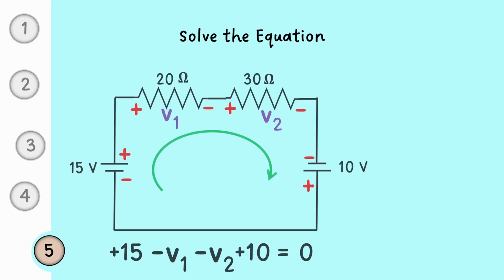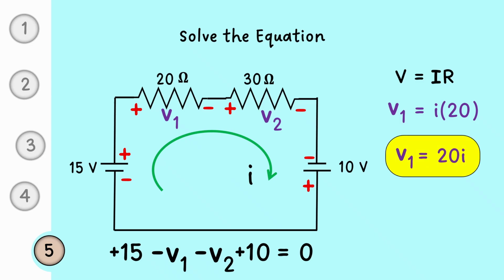Now let's move on to our final step. The final step is to solve the equation. Let's consider the loop current as I. According to Ohm's law, V is equal to IR. The current flowing through the 20 ohm resistor is I. So the voltage across the 20 ohm resistor, V1, is equal to I into 20. Therefore, V1 is equal to 20I.